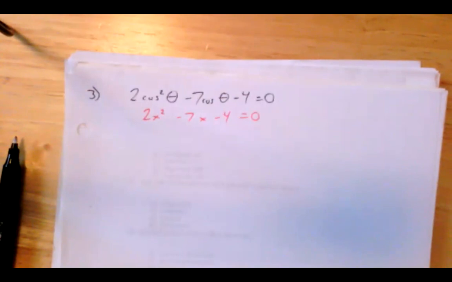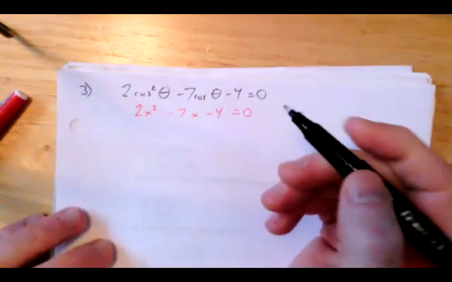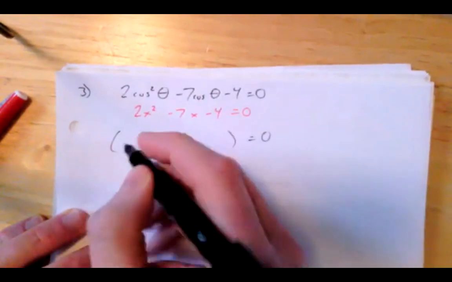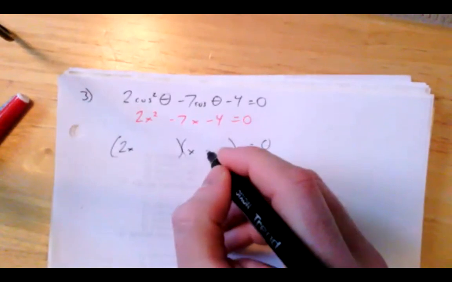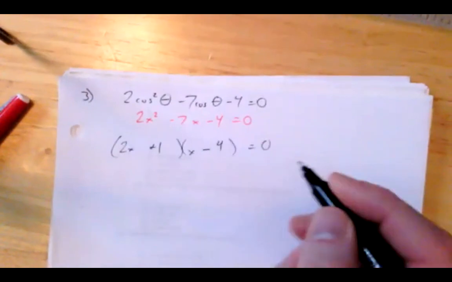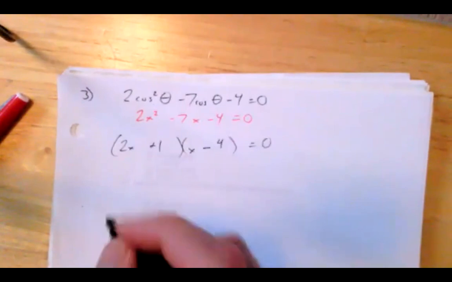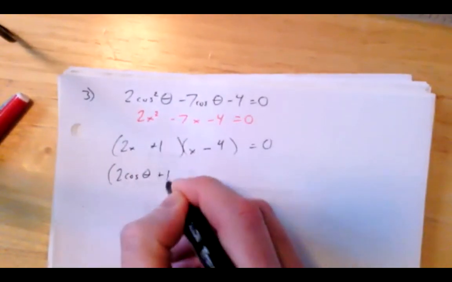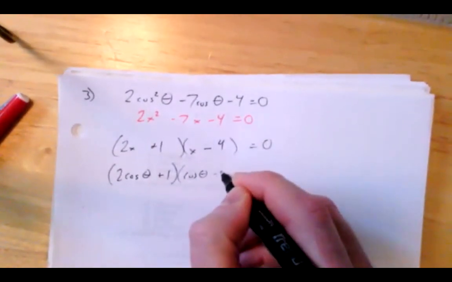You want to look at it like that to factor it, and then just change it back. That's 2x and x. 2 minus 4 would be negative 8 plus 1 is negative 7. So it's 2 cos of theta plus 1 times cos of theta minus 4.